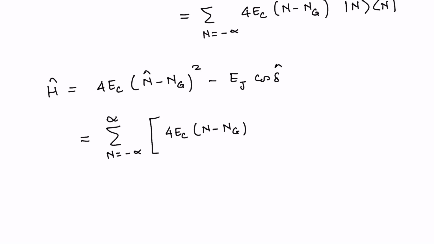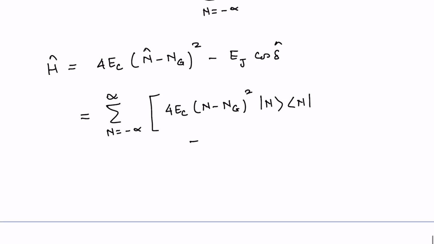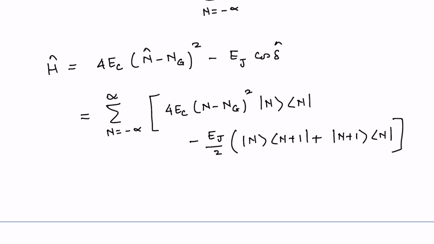These are numbers, eigenvalues. Then I have here ket n bra n, and from the second term I have Ej by 2, ket n bra n plus 1 plus ket n plus 1 bra n. So this is what we got, and this is what was required.